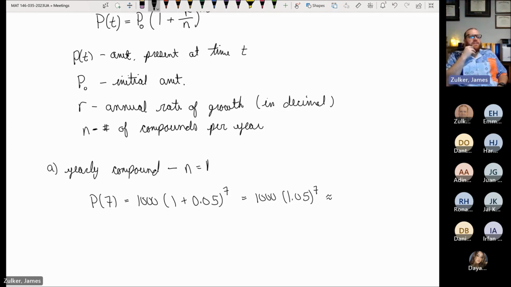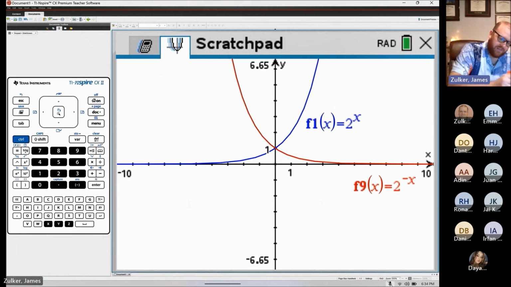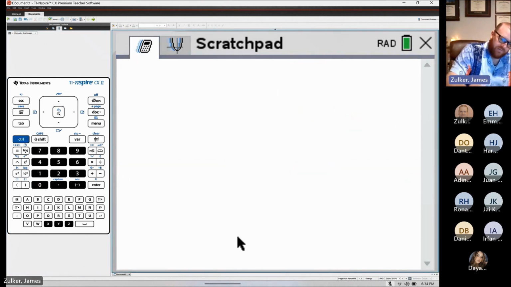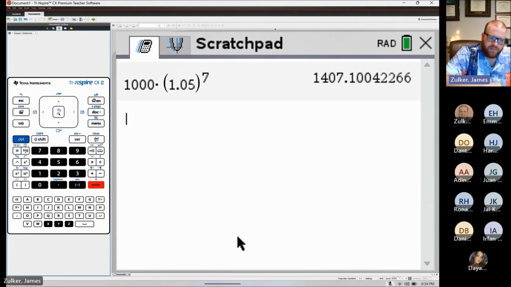That'd be 1.05 raised to the 7th power, then multiply that by 1,000. $1,407.10.